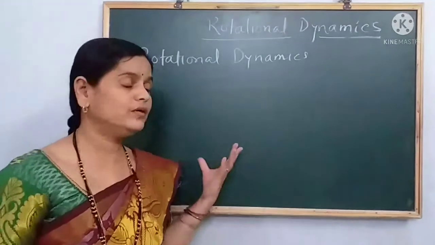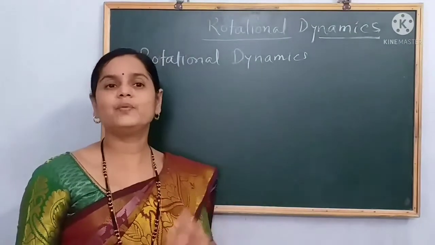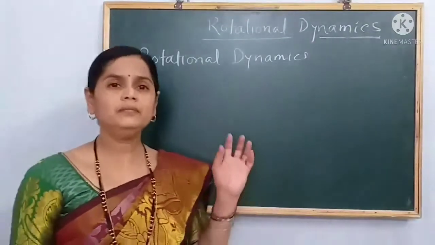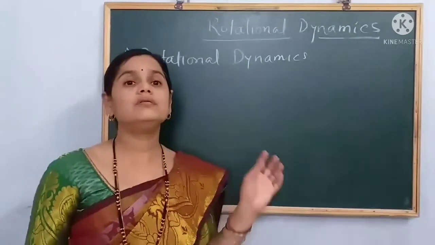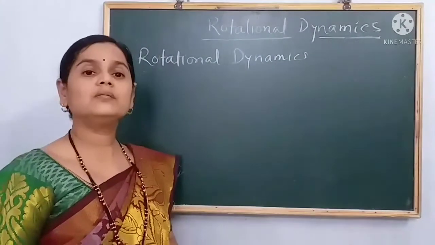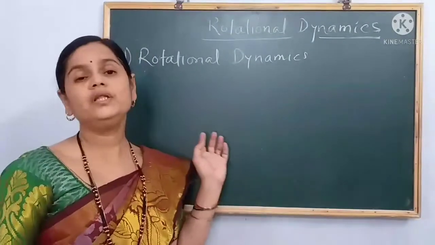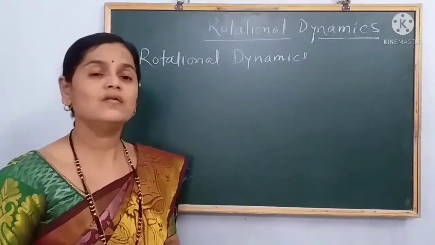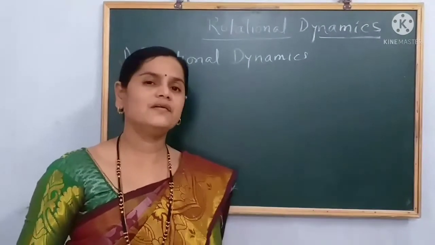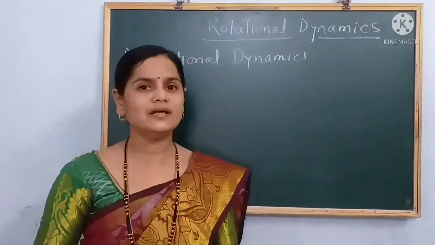In 2 dimensions we have studied circular motion as well as projectile motion. We studied brief description of circular motion in 11th standard. Now, first in this rotational dynamics, we will study certain related aspects of circular motion, and then the rotational motion in detail.